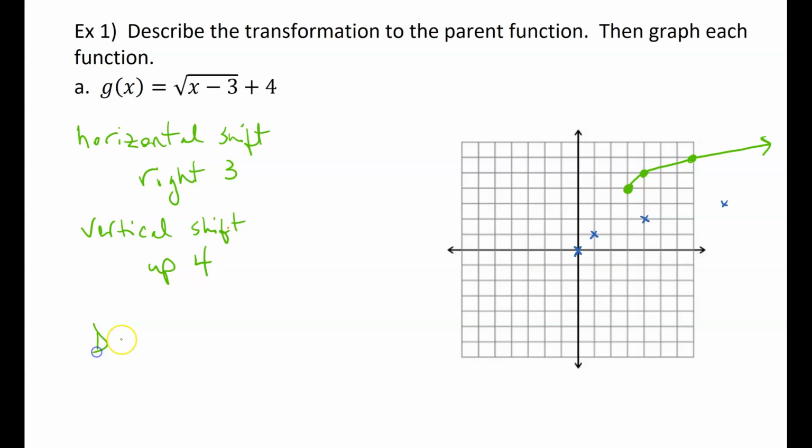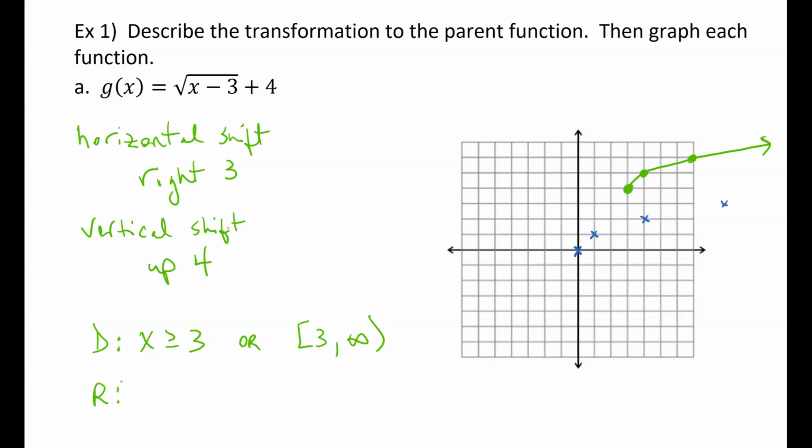I'm going to go ahead and include domain in here. What would be the domain of our transformed function? X is greater than or equal to 3, or in interval notation, we would do a hard bracket 3 to infinity. Okay.